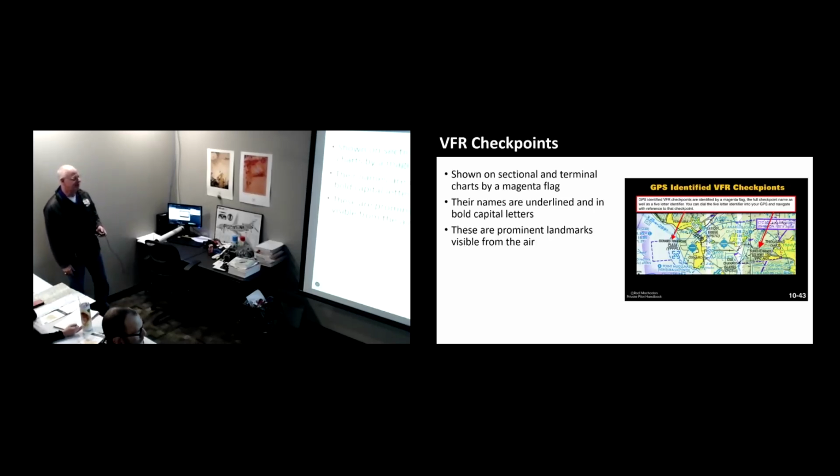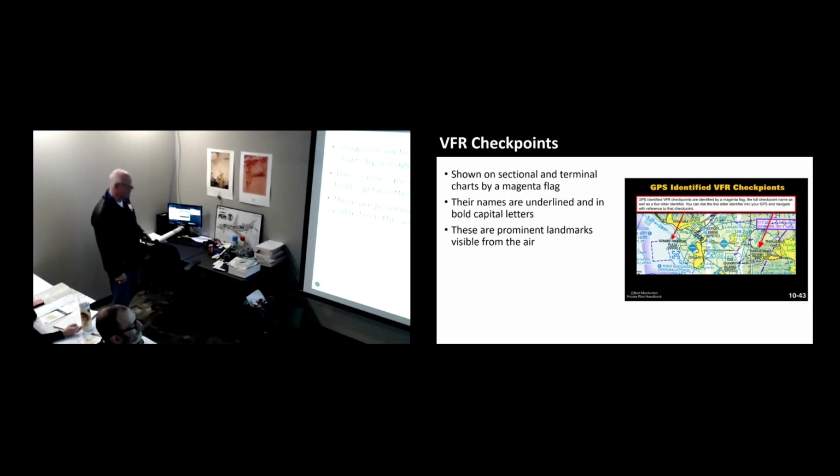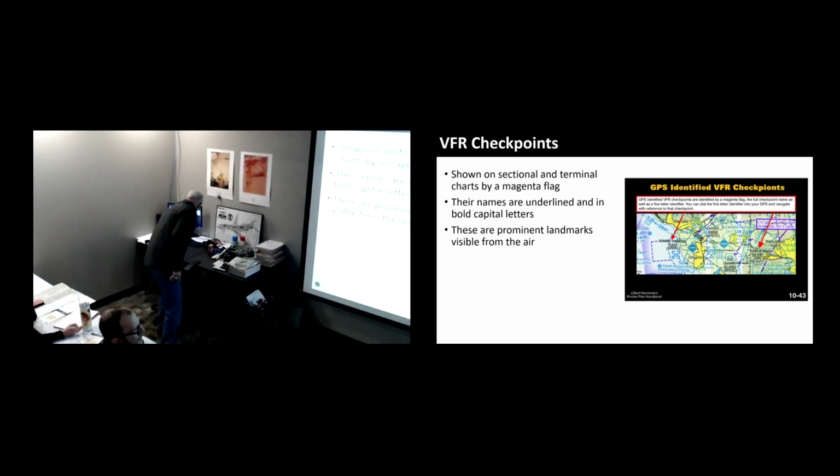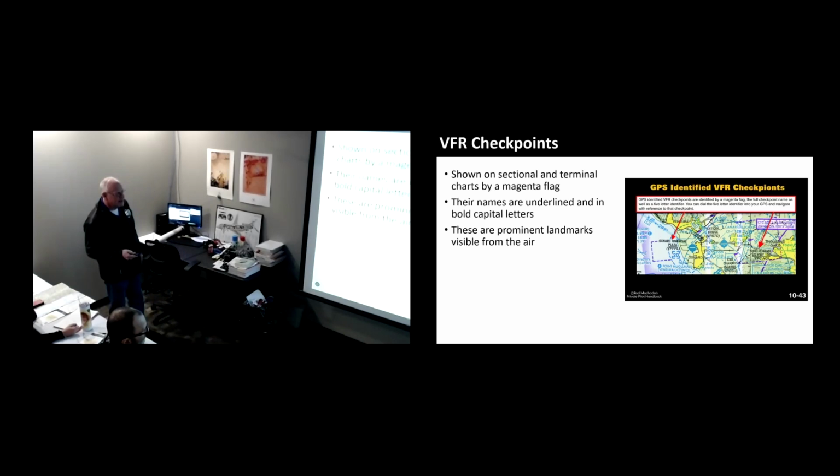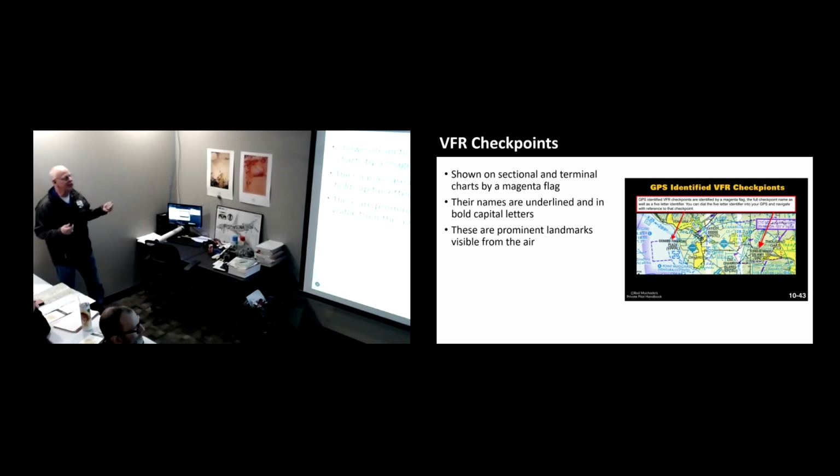VFR checkpoints. Sometimes these are hard to find, especially on a chart that's extremely congested, but you see a number of purple flags. You look here, you see a purple flag here, a purple flag here, and you see some text next to it. That's called a VFR reporting point or VFR checkpoint.